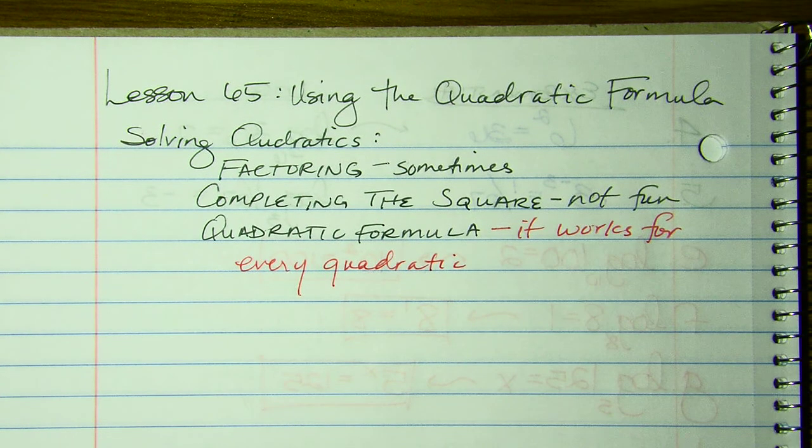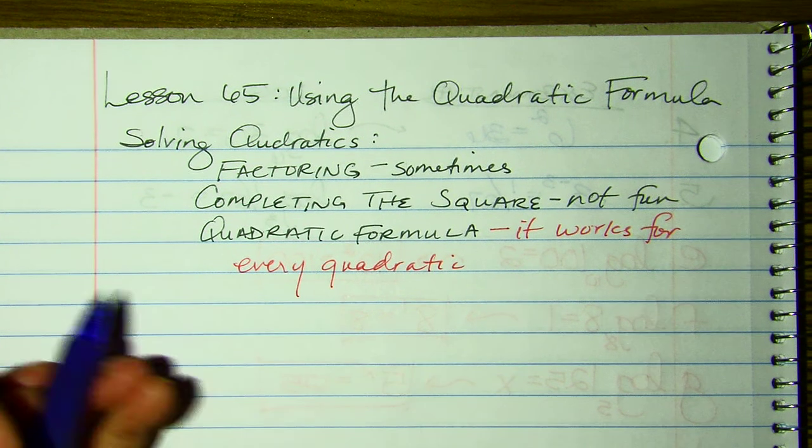Quadratic formula, it works for every single quadratic, so it is really nice to use. So since we are teaching this lesson 65, I give you permission that if you come across a problem that says solve by factoring, ignore that and solve it using the quadratic formula. It's nice, and if you can memorize it, which you will need later, then it's fast, it works every single time, so this is the method to use.